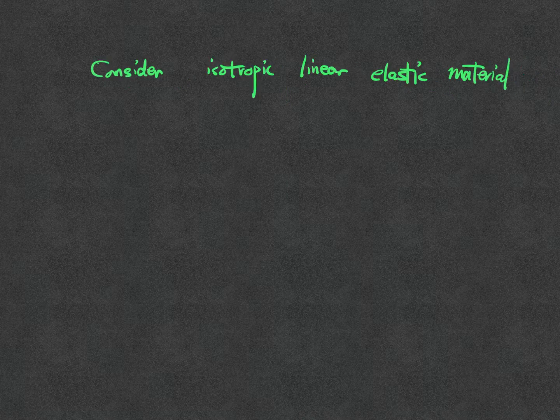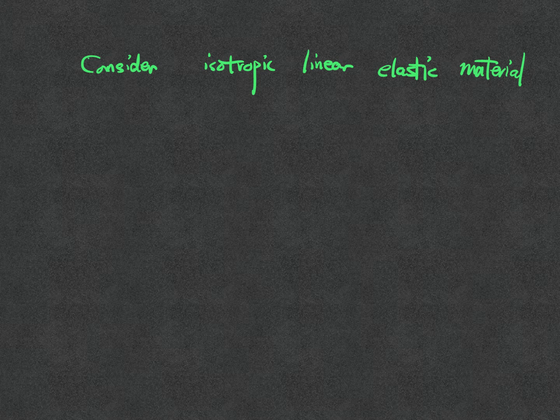Okay, isotropic linear elastic, this description has a lot of information. Isotropic means that you only need two elastic moduli to describe the entire material. In this case, for convenience, I would use the bulk modulus and shear modulus.